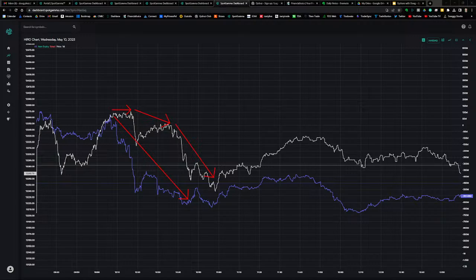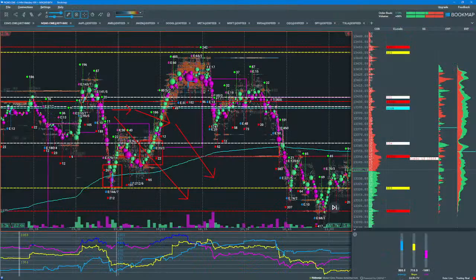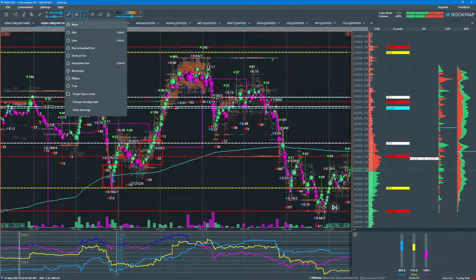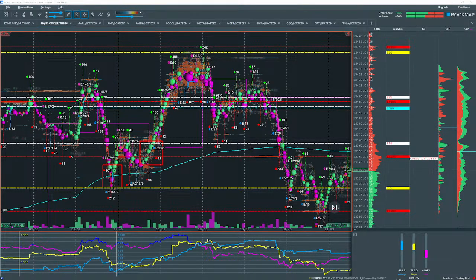All right, let's go back and take a look at Bookmap. So here's that reversal lower at the QQQ 325 call wall level.